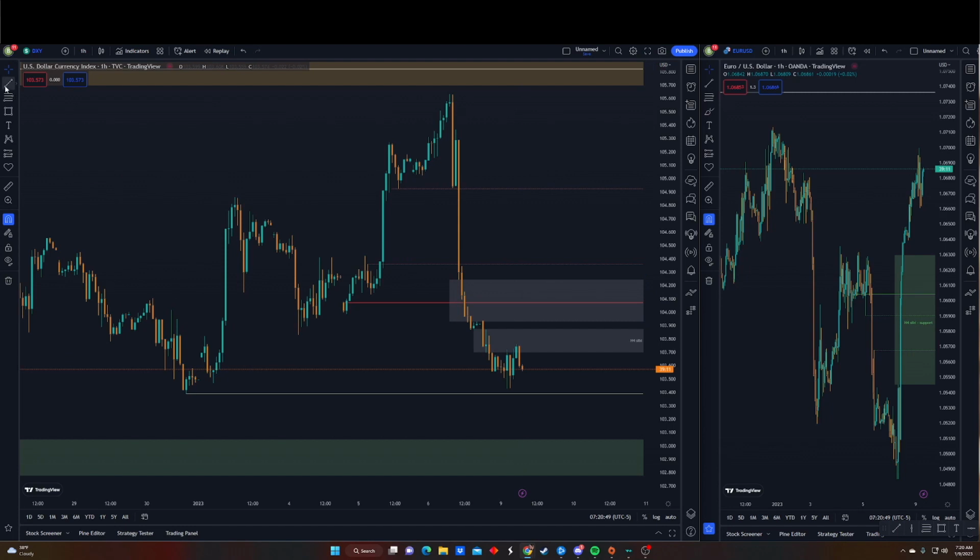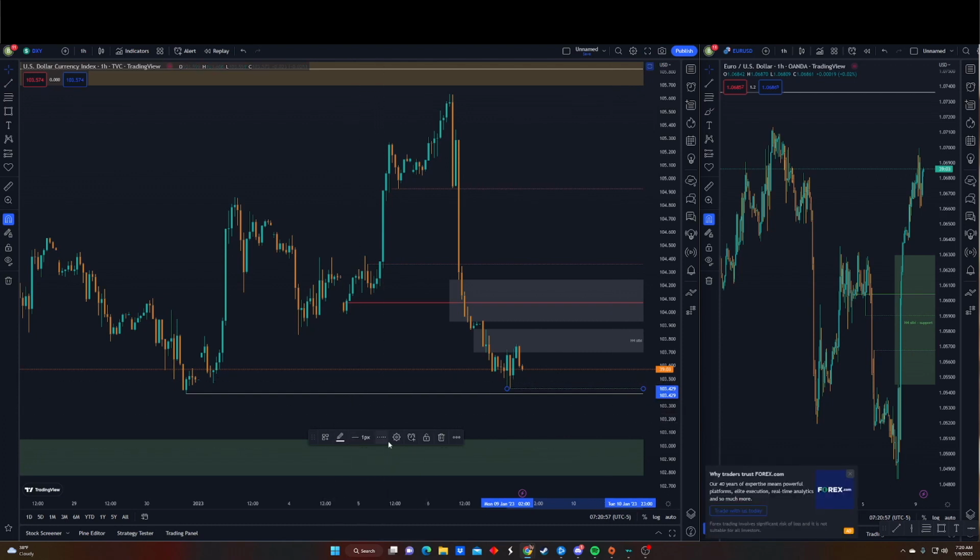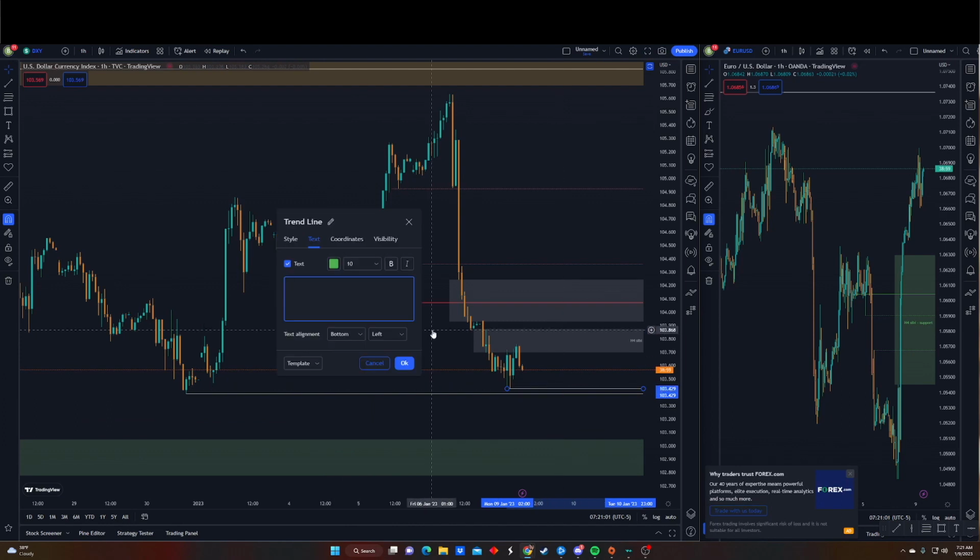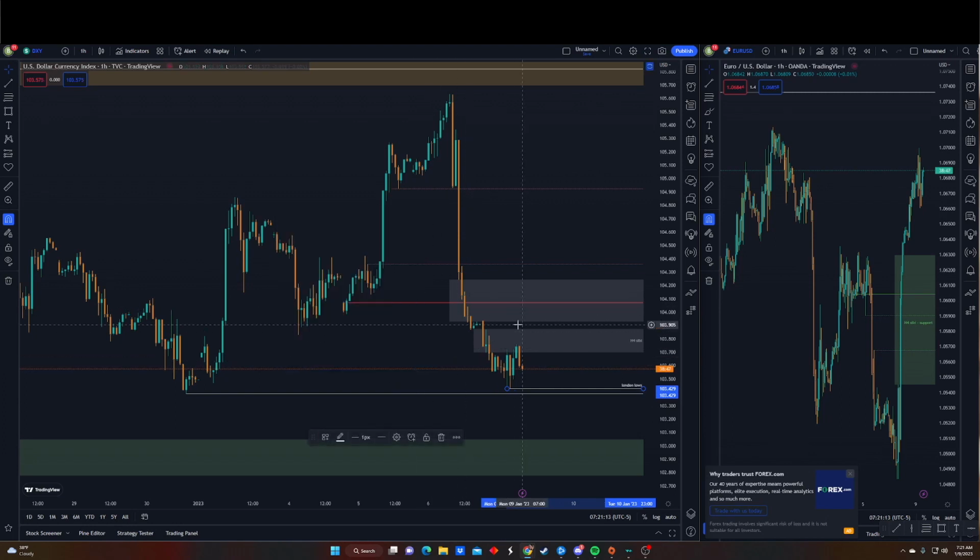It's just outside of, so London has these equal lows. It's London lows. I'm going to label that. I'll put that on the right and on top.